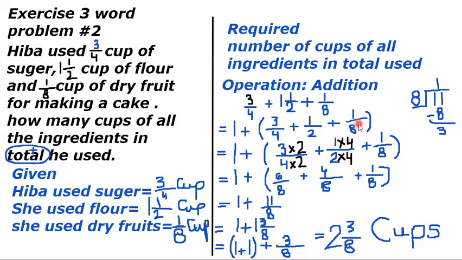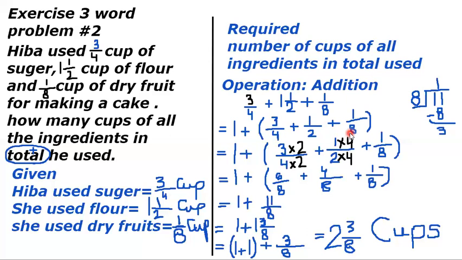How can we change unlike fractions into like fractions? By making the denominators the same. The denominator should be the same. Here the denominators are different. We have to change them into equivalent fractions with the same denominator.